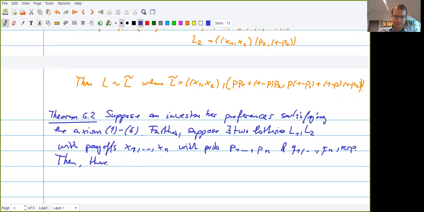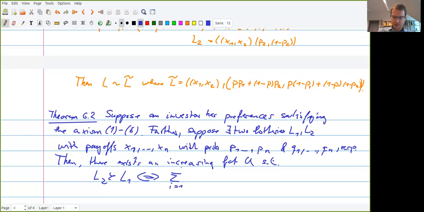Well, then there exists an increasing function u such that I can represent my preferences between these 2 lotteries, L1 and L2, exactly in the form of this numerical representation: I take my function u, I plug in the payoff, and I multiply it with the probability p1.